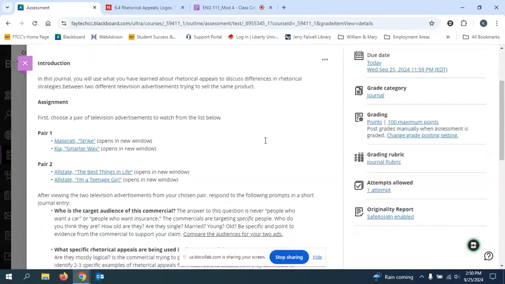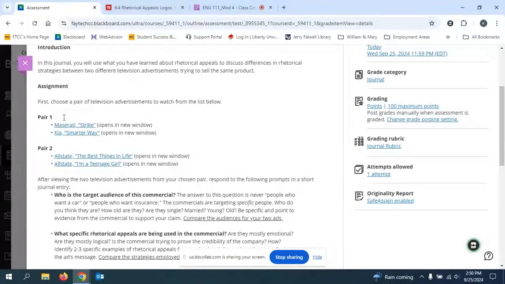Now, just to make this clear, you're going to choose either the 2 commercials that are in pair 1, or you're going to choose the 2 commercials that are in pair 2. But you're not going to choose one from pair 1 and one from pair 2. You'd be surprised how often I get that. You're choosing just pair 1, these 2 commercials, or pair 2 with these 2 commercials.